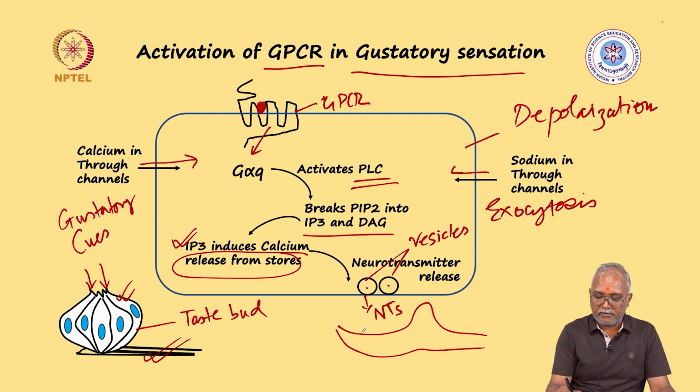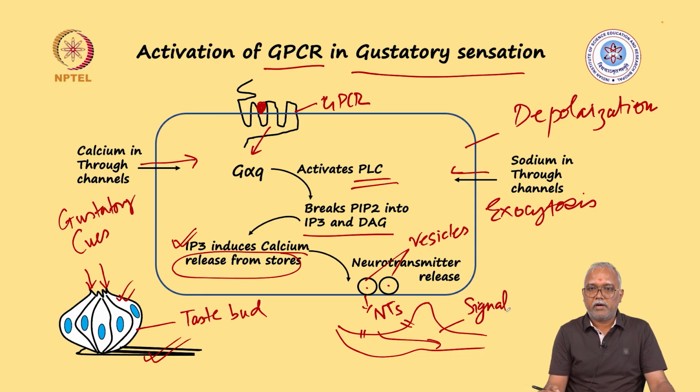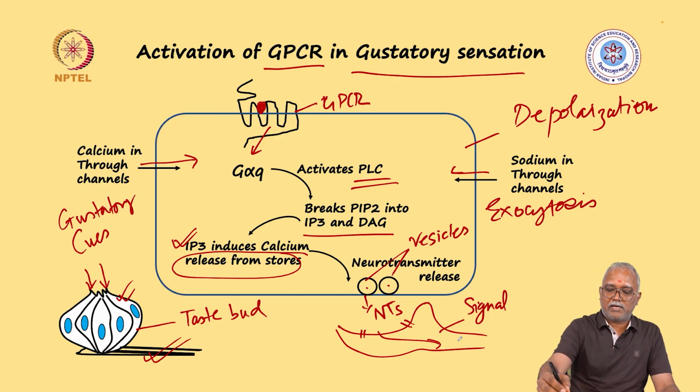They will be receiving this neurotransmitter and conducting the signal in the form of action potential moving forward. So basically, again, exocytosis is getting converted into an electrical impulse as an action potential and reaching the brain for further analysis. So this is what we are seeing for the G alpha Q.